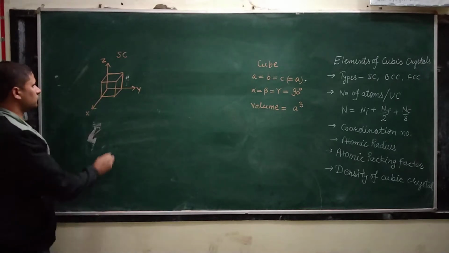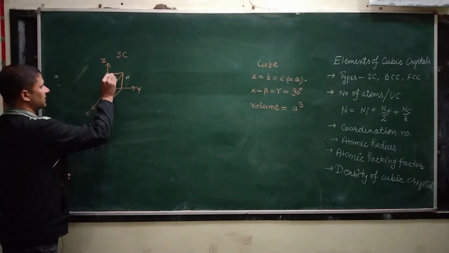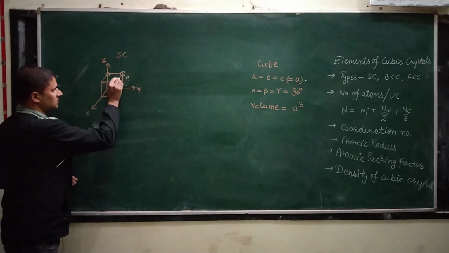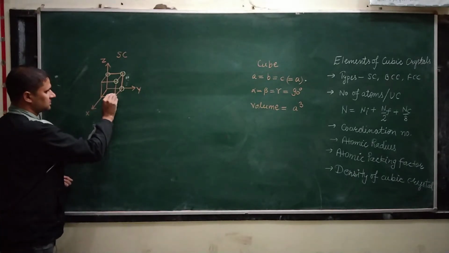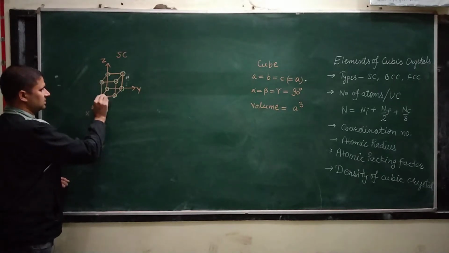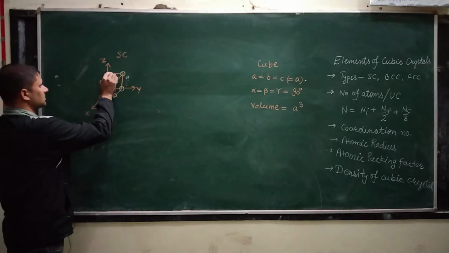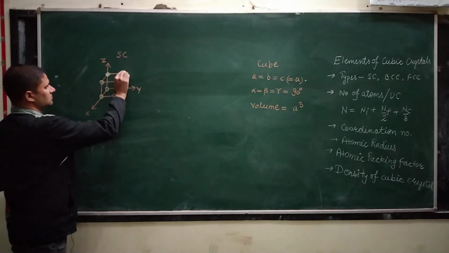Okay class, so see where the particles are present here. One particle is present at this corner, one is here, another particle is here, one more particle is here, then here, here and here. So you can see the total number of particles present in the simple cubic is equal to the number of corners.